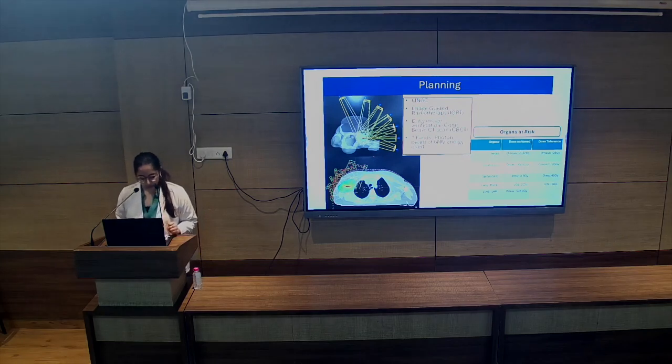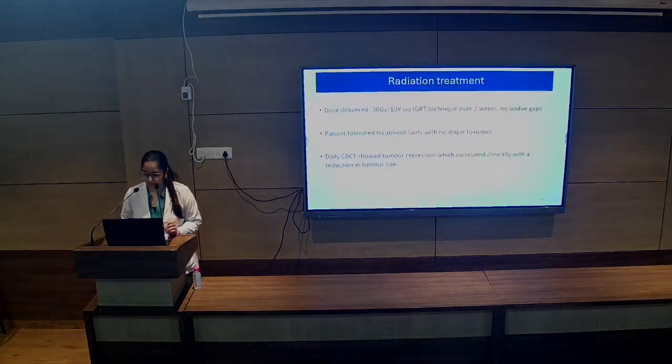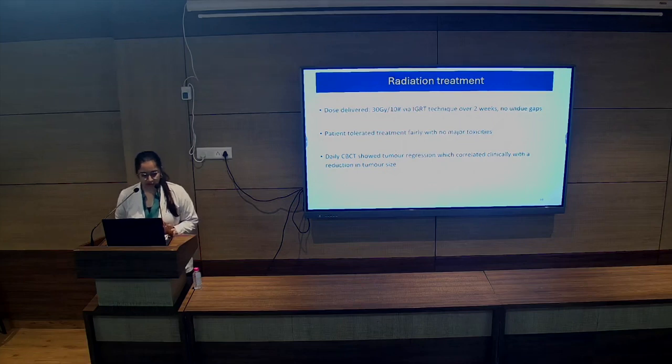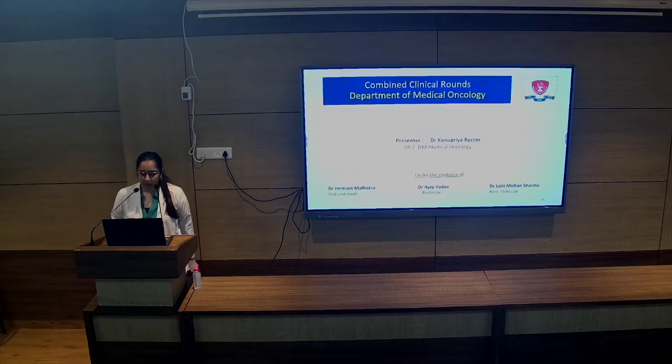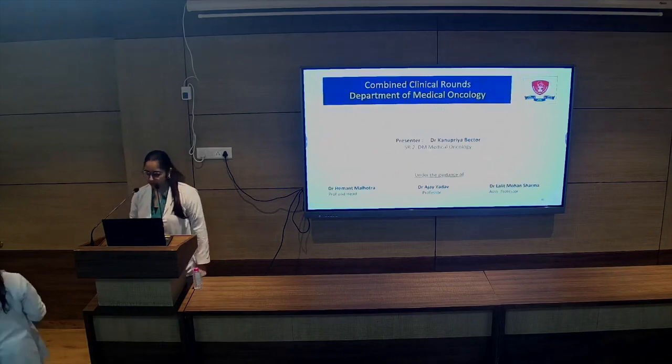Organs at risk were contoured and dose constraints were respected to limit toxicity. The patient did receive a dose of 30 grays in 10 fractions over a span of 2 weeks. She tolerated the treatment fairly well with no major toxicities. Our daily cone beam CT verifications showed tumor regression, which correlated clinically with reduction in tumor size. I would like to call back Dr. Kanupriya to take the case forward.